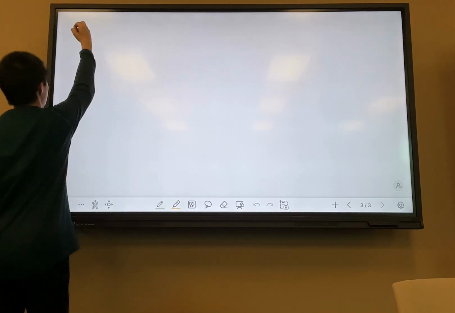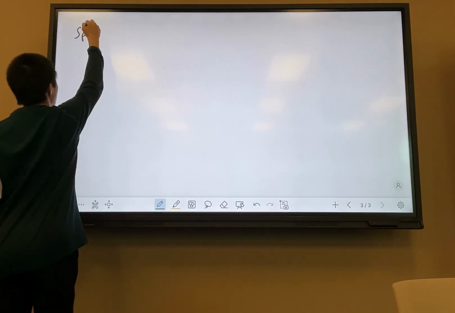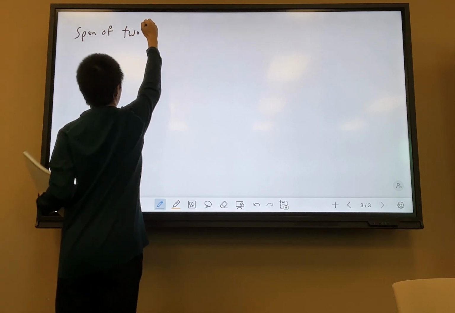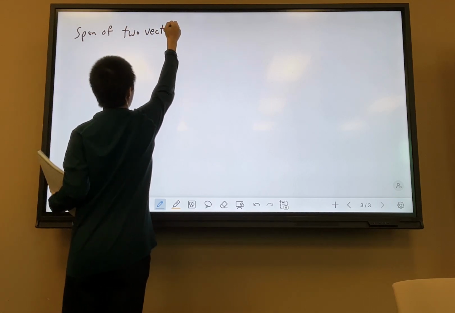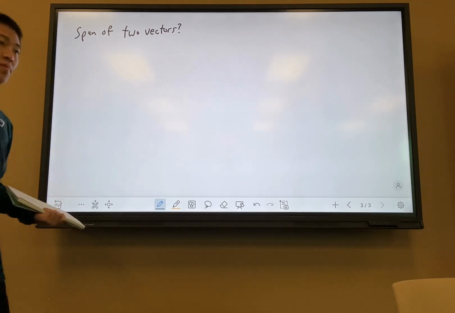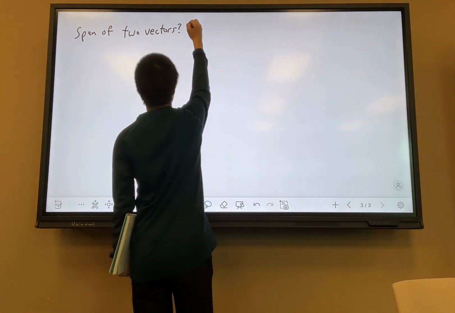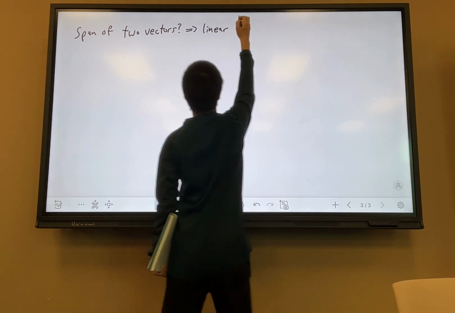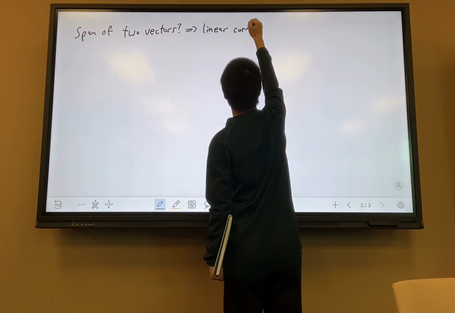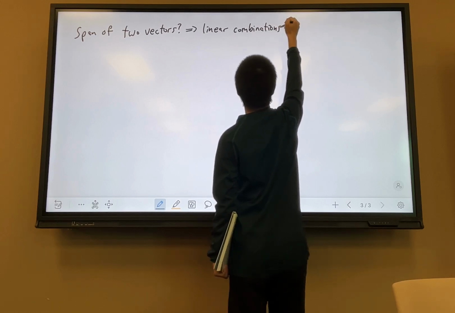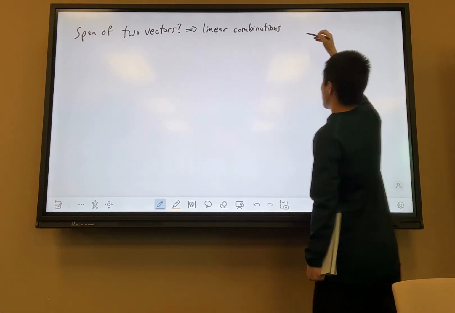What about the span of two vectors? Okay, so again, by definition, this implies that I want the linear combinations of two vectors.